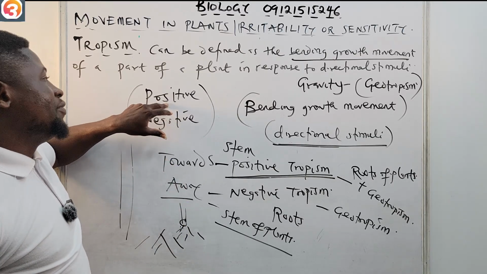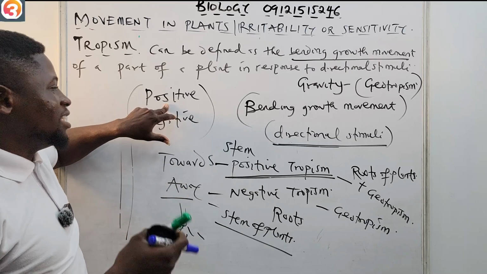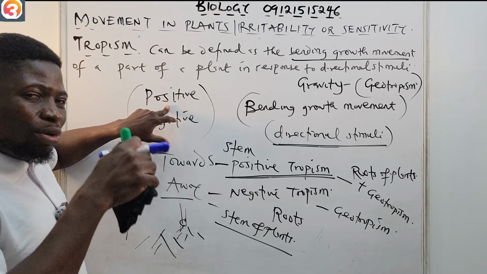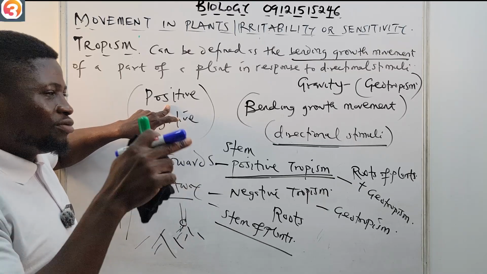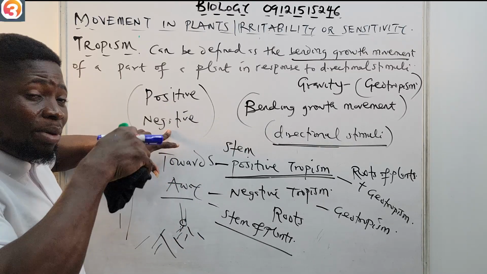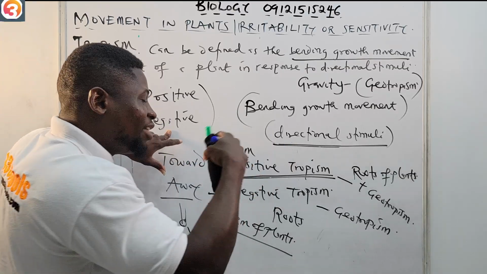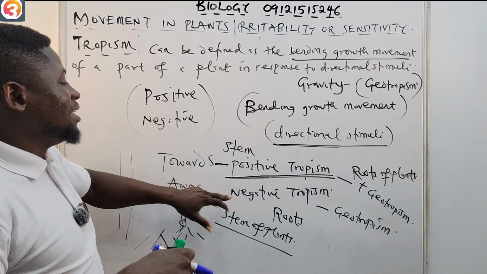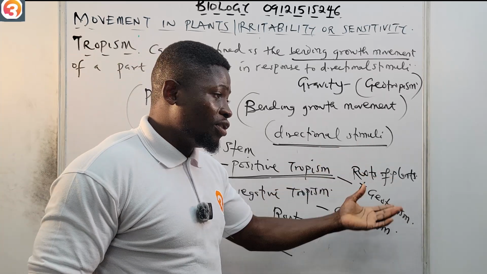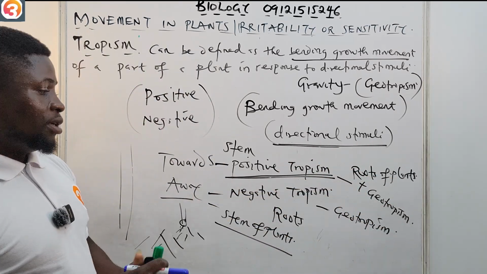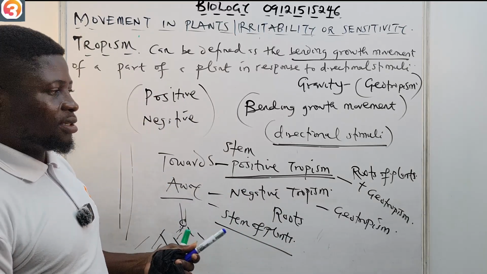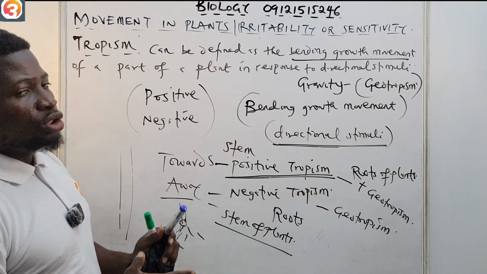If towards, it's a positive tropism, or positive response. But if it is away from the direction of the stimuli, it is called a negative tropism. Example: positive tropism, root of plant. Negative tropism, stem of plants. So that is tropism.